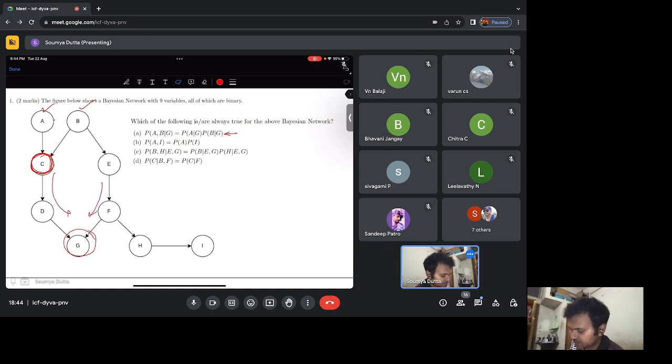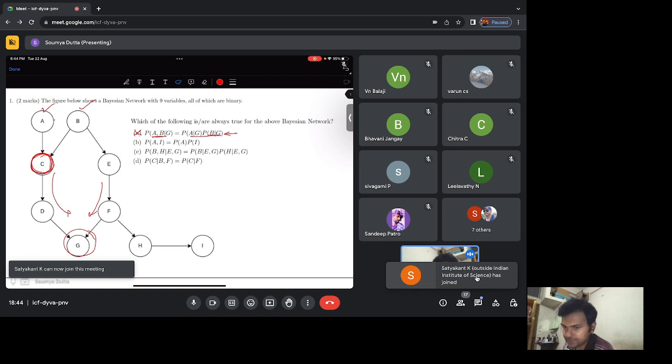Of course once you know G, then you can't possibly have A and B to be conditionally independent of each other, because G appears much below there. G in some sense is a descendant of both A and B. Therefore if you know something about G, they cannot remain conditionally independent of each other. So that is one.